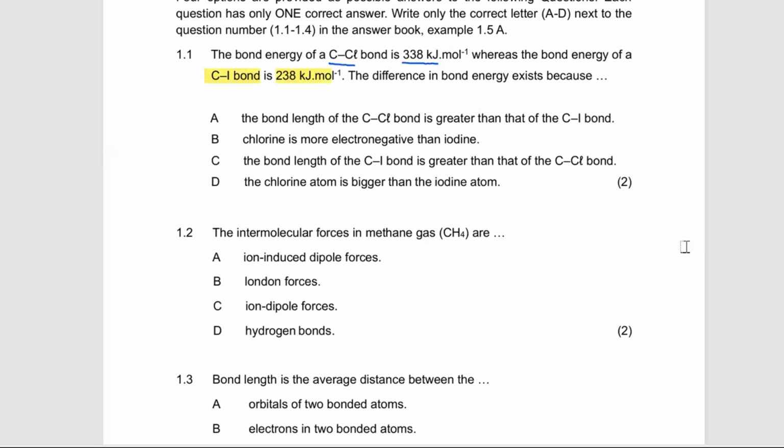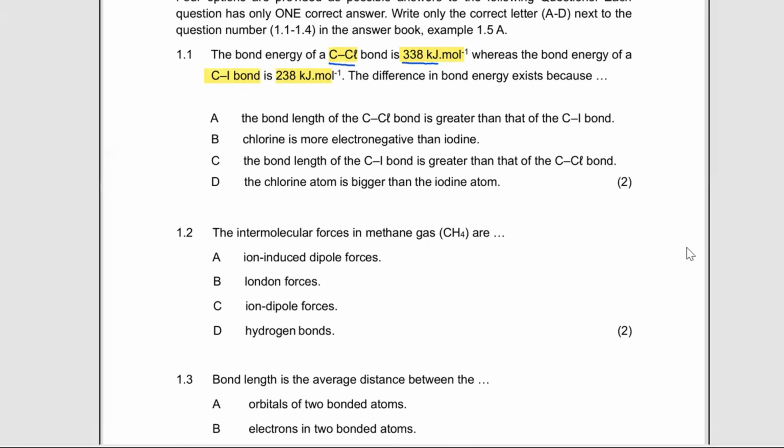The difference in the bond energy exists because the first option reads the bond length of the C-Cl bond is greater than that of the C-I bond, which is carbon and iodine. This is incorrect. Then they're saying the chlorine is more electronegative than the iodine. This is also incorrect there.